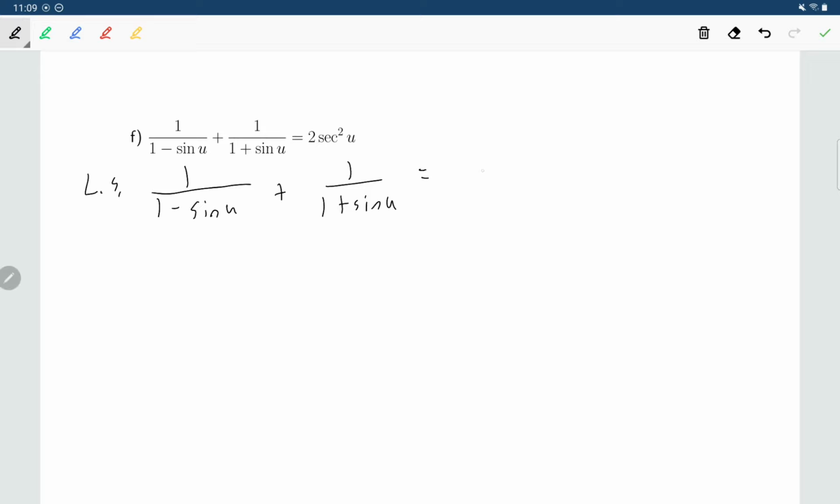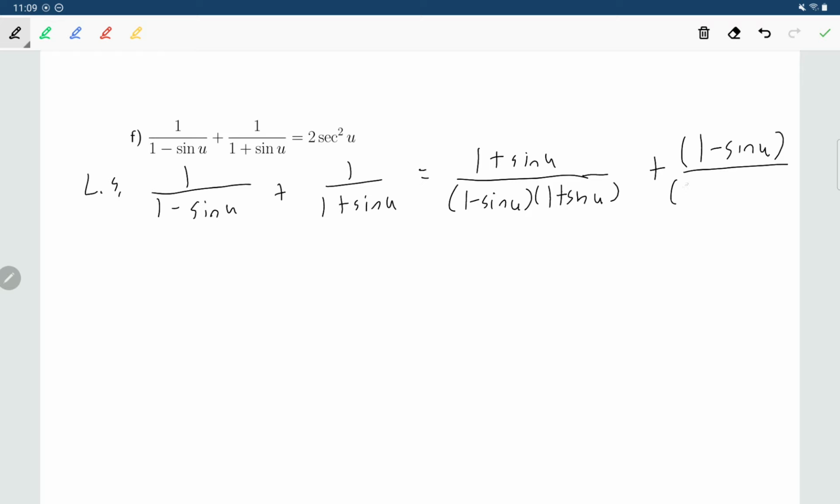So I would have 1 plus sine u as the numerator for the first fraction, and 1 minus sine u as the numerator for the second fraction.